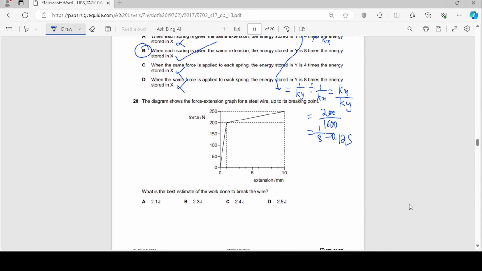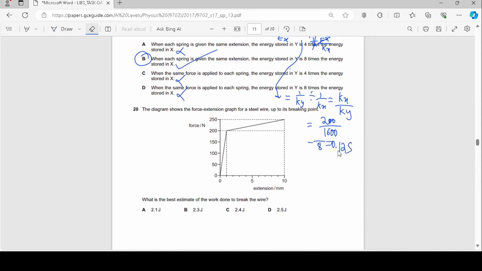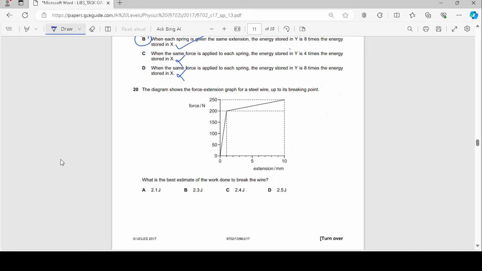Question 20. The diagram shows the force extension graph for a steel wire up to its breaking point. So assume that that's its breaking point. Now, what is the best estimate of the work done to break the wire?